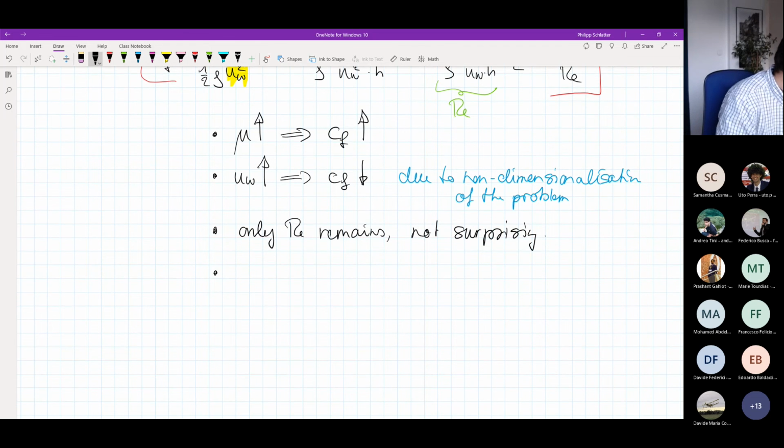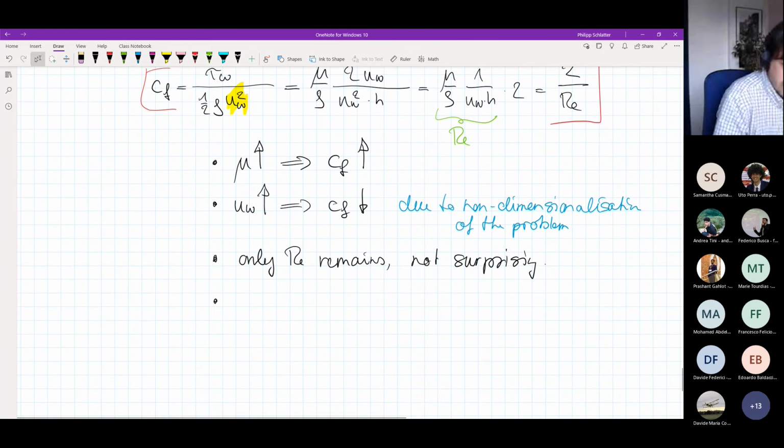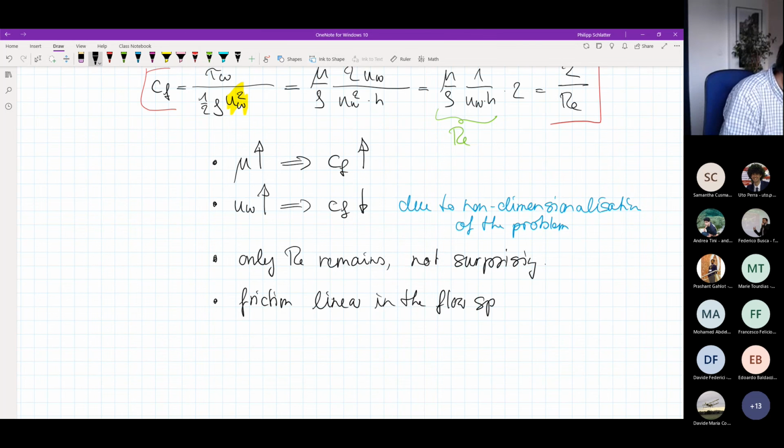Okay, and the last observation that we can make from here has again to do with the Reynolds number, namely that the friction is actually linear in the flow speed, or the flow velocity.